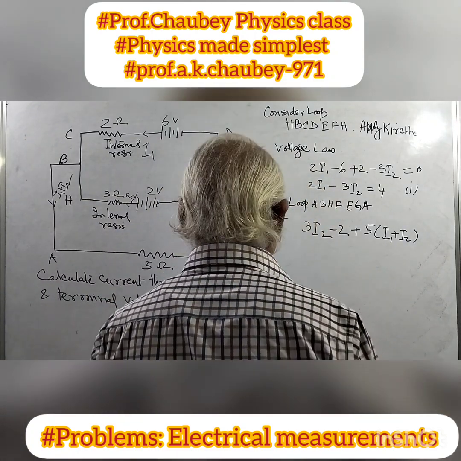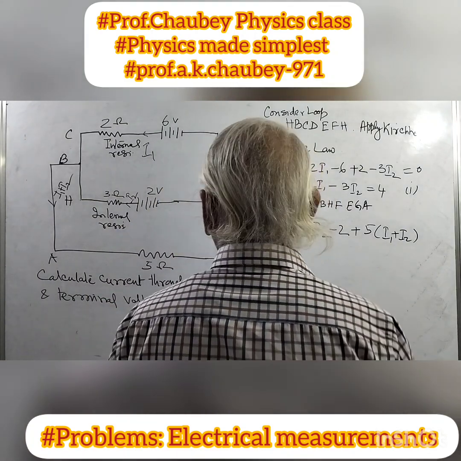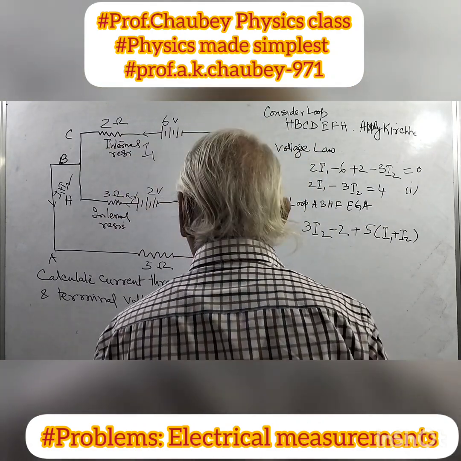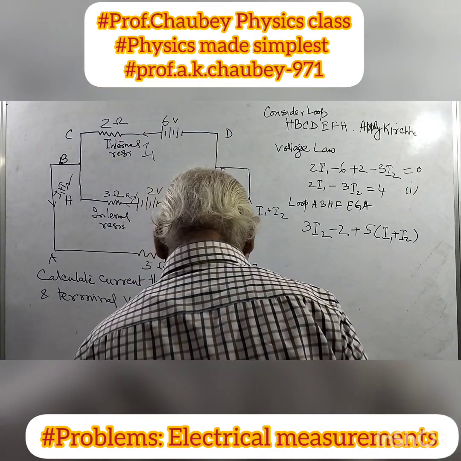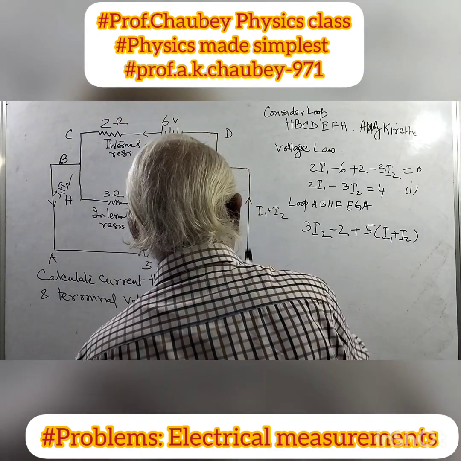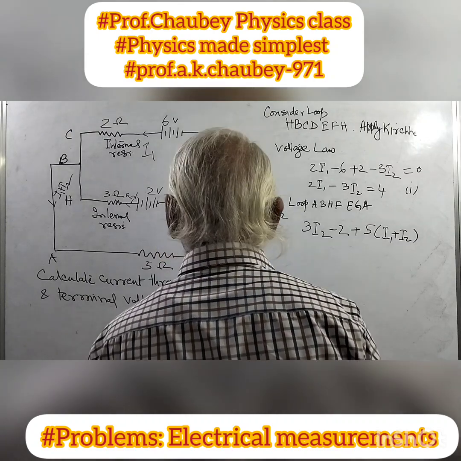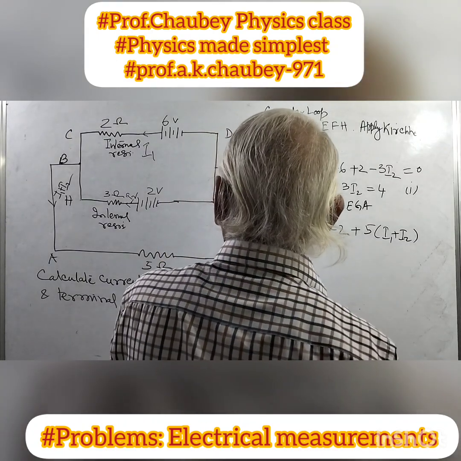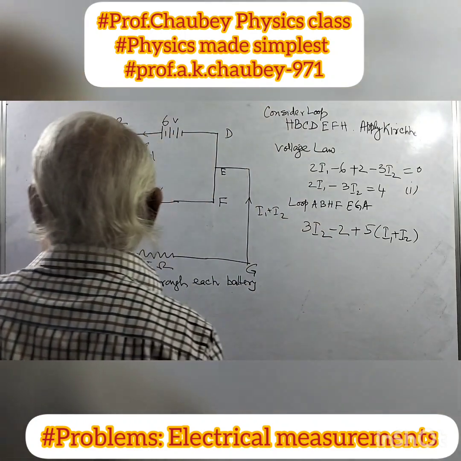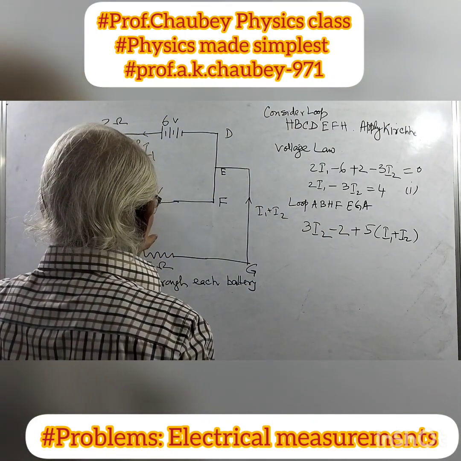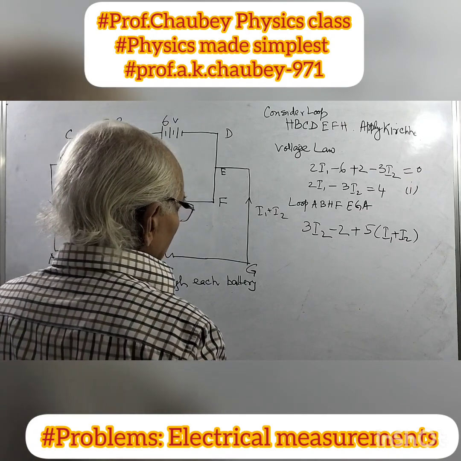So that is 3I2, the current here is I2, 3I2 minus 2, and this current is opposite to this, so plus 5 into I1 plus I2. So the applied voltage and the IR drop must be equal.